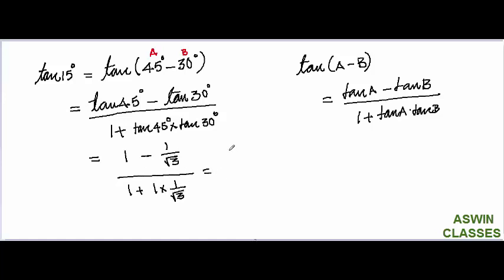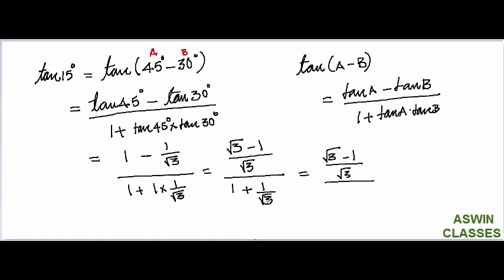You can cross multiply this 1 with root 3, so this value will be (root 3 minus 1) by root 3. Then this is equal to 1 plus 1 by root 3, which can be simplified as (root 3 minus 1) by root 3 divided by (root 3 plus 1) by root 3. Now you can cancel this root 3 and this root 3. So the answer will be (root 3 minus 1) by (root 3 plus 1). Clear?